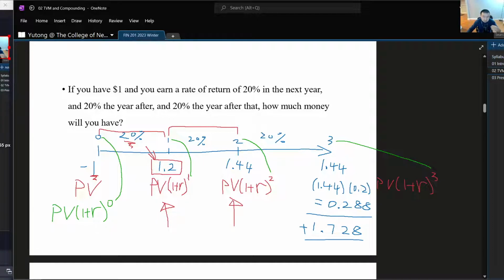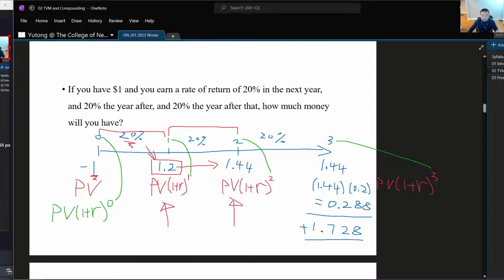So this total amount is used at the beginning of period 2, where we use the $1.2 rather than 1, which is the principal. 1.2 is the total of principal and interest from the first period, used to calculate the 1.44, which is the ending value or the future value at the end of period 2.